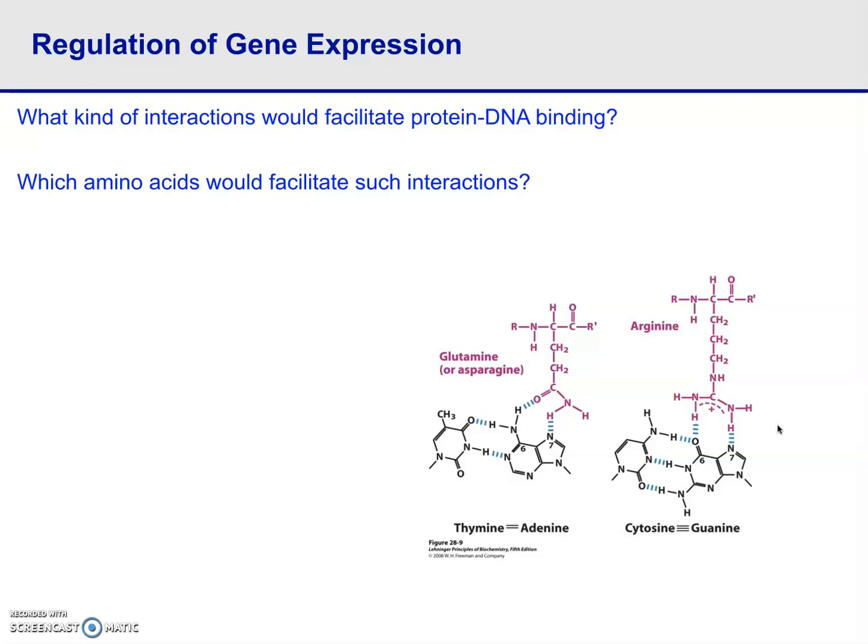Any amino acids that can form hydrogen bonds or electrostatic interactions with negative charges would be part of this binding site, such as lysine, arginine, perhaps histidine, also asparagine, glutamine. We can see an example of glutamine right here, how it forms hydrogen bonding and electrostatic interactions.